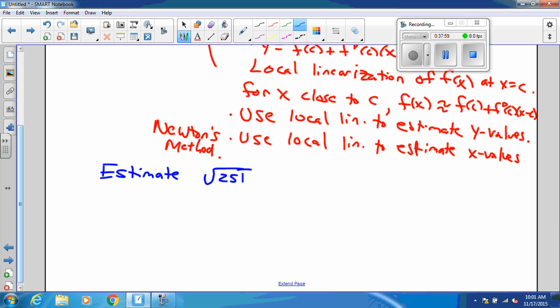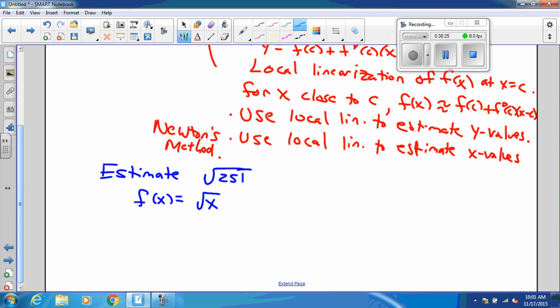I can't. What I'm going to do is think of this in terms of a y value for a function. What function is this obviously a y value for? f of x equals what? What function am I trying to find? The square root of x, that's right.